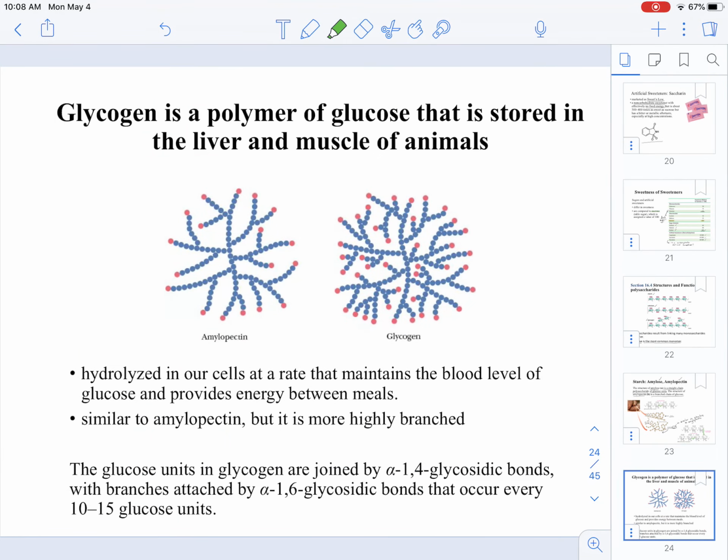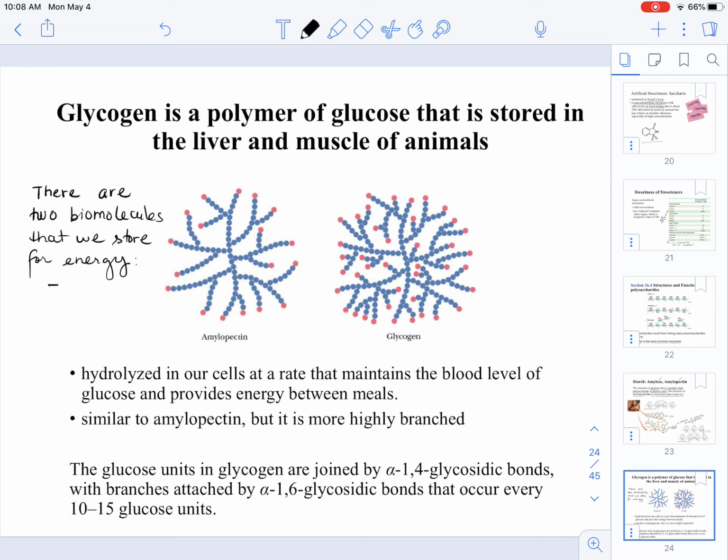Glycogen was something that I introduced in the previous slide, but understand that specifically glycogen is a polymer of glucose that is stored in the liver and muscle of animals. What does this mean? This is how we store glucose. As I mentioned previously, there are 2 biomolecules that we store for energy.